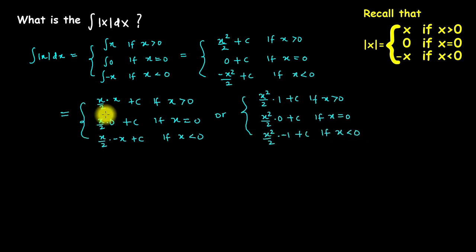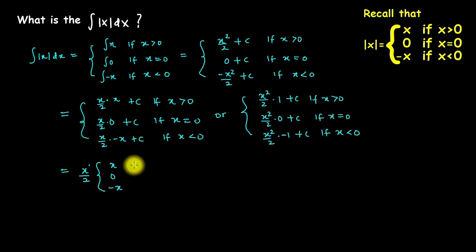Okay, so let me do a little bit of simplification here. You will see that x over 2 is here, x over 2 is also here, and x over 2 is also here, so I can factorize x over 2 out of this expression. This is going to be x over 2 multiplied by x, 0, then negative x.